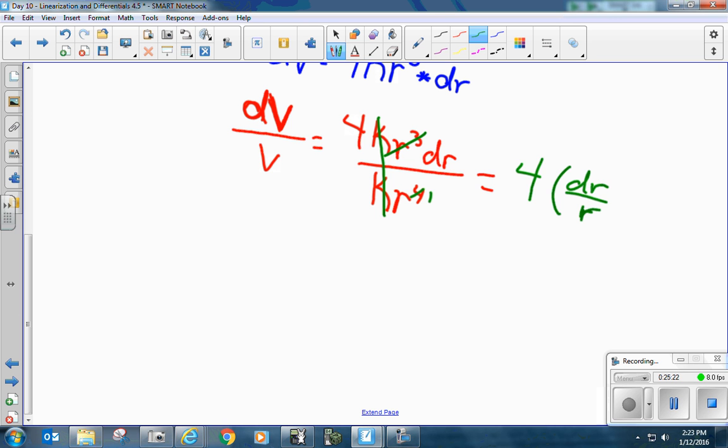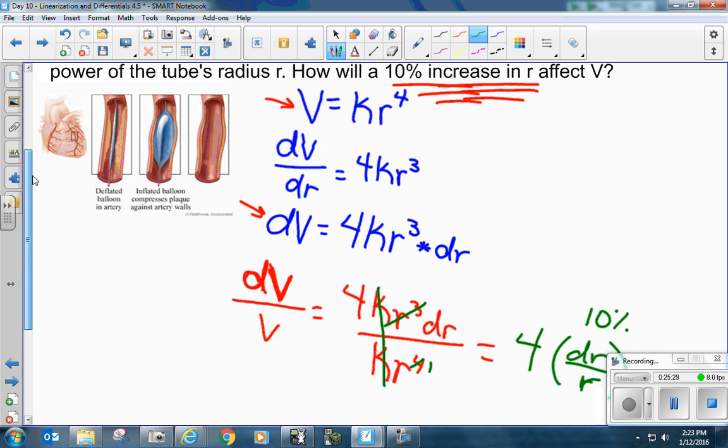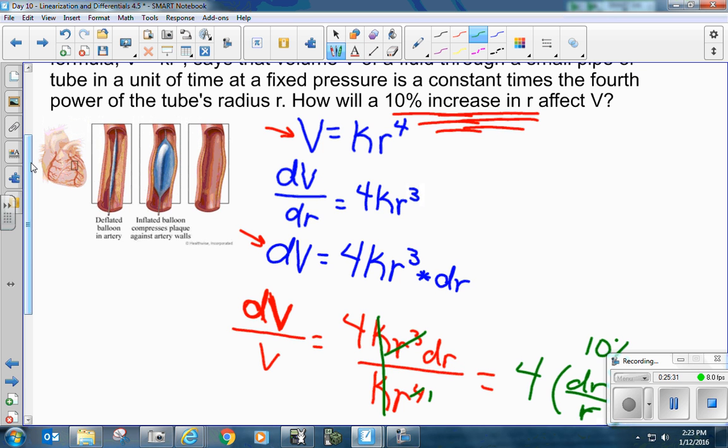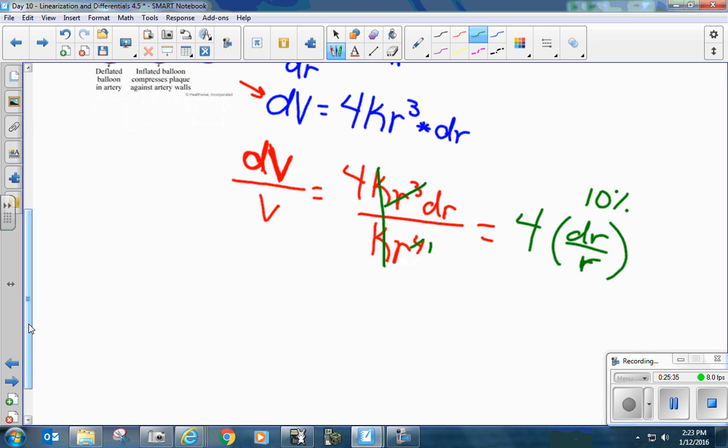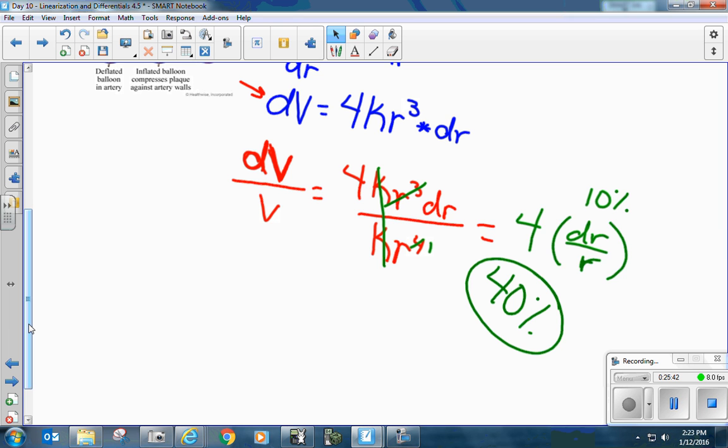This here is the 10% increase in the radius. How will it affect V? Well, if that changes by 10%, what's 4 times 10%? 40%, or 0.4. If you wanted to make this 0.1, that would be 0.4.